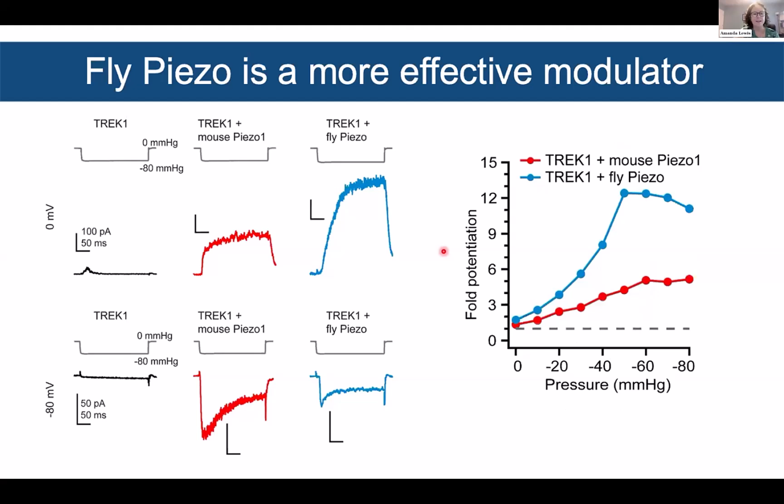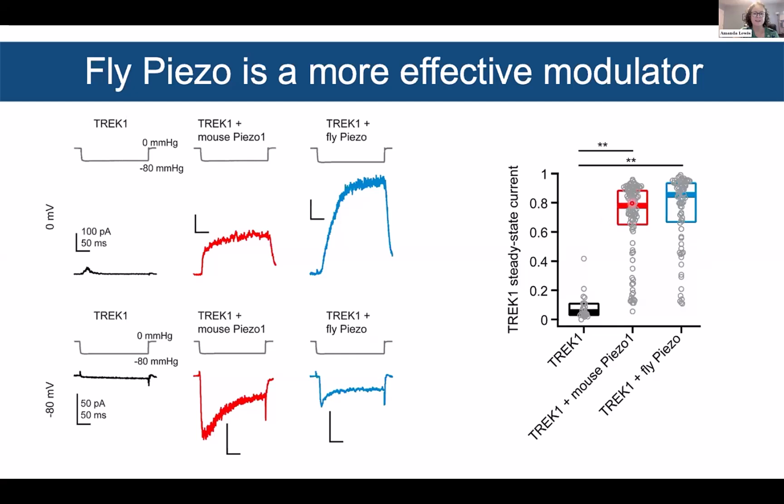When we quantify this as the fold potentiation of TREC1, we find that whereas mouse potentiates TREC1 about 5-fold, fly piezo actually potentiates TREC1 upwards of 10-fold, again suggesting that it's a much more effective modulator, despite its reduced single channel and macroscopic currents. We also find it has a similar, if not slightly enhanced effect on the steady state current compared to mouse piezo.